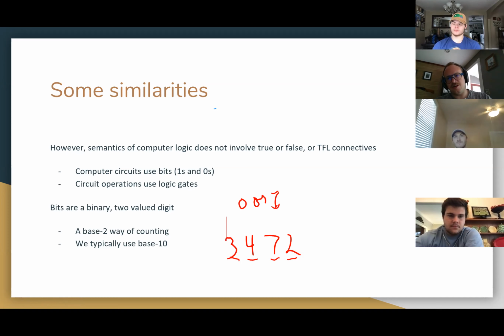Anyways, an important skill to have, I mean, it's sort of important, you don't need to have this skill, but to think about binary, it helps to think about translating base 10 numbers to binary.